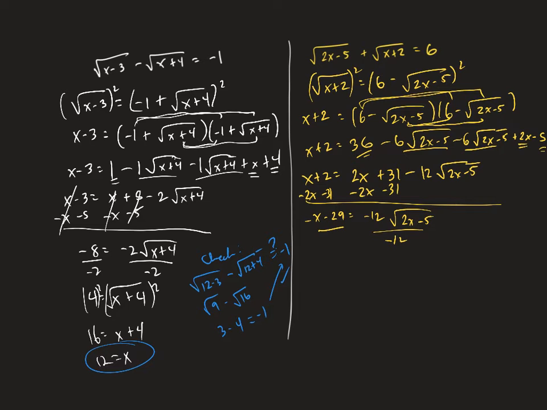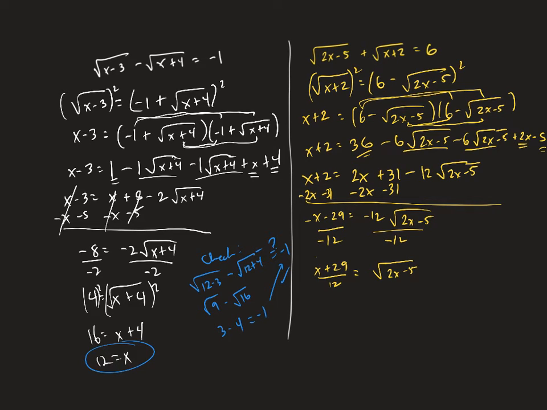Now, when I do this, you're going to see me do something that I really highly recommend you do. So all those things in that fraction are negative, right? So I can make them positive. I am not going to break that up into 1/12x plus 29 over 12. I'm going to leave it like this, and you'll see why in a minute.